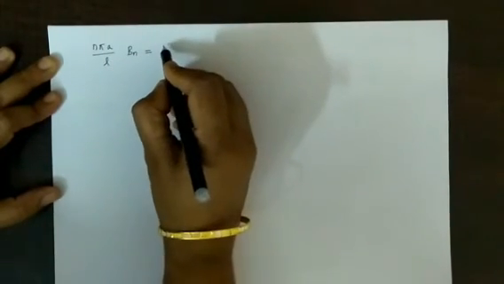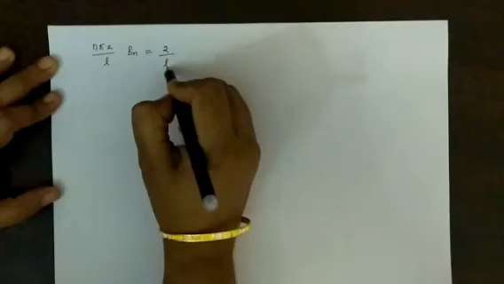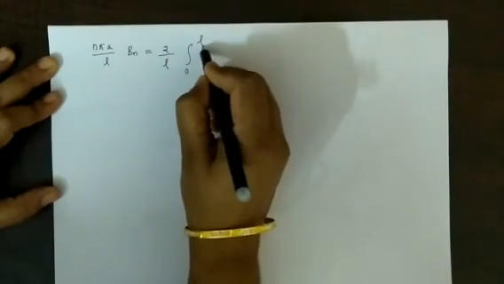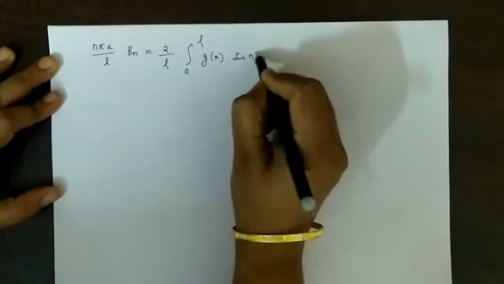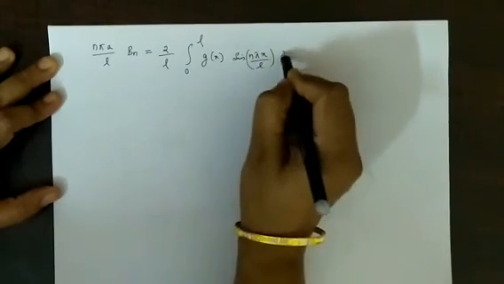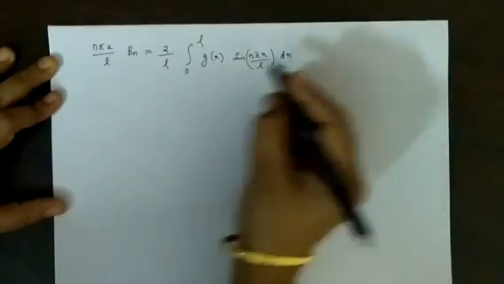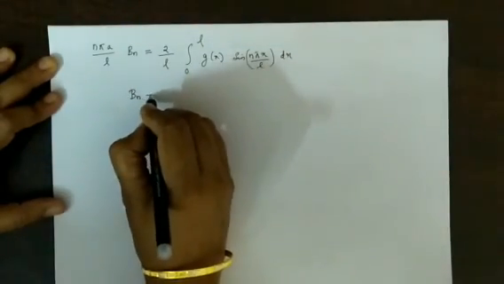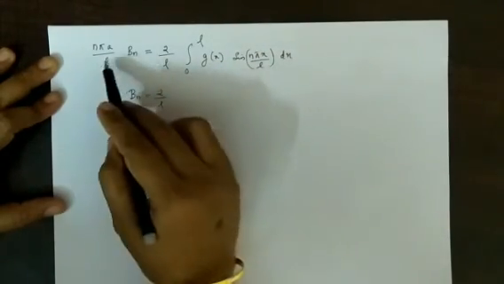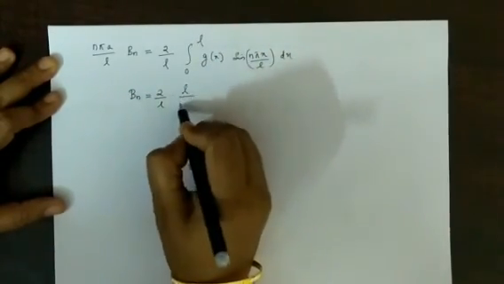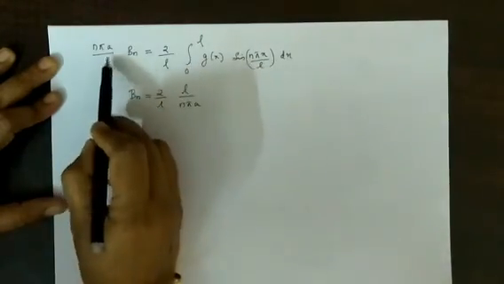Actually we have bn is equal to, but here in the place of bn we have nπa/L into bn. Therefore we have it equal to 2/L ∫ from 0 to L g of x sin(nπx/L) dx. Or this bn can be written, by cross multiplying the term nπa/L, as 2/L into L/(nπa).